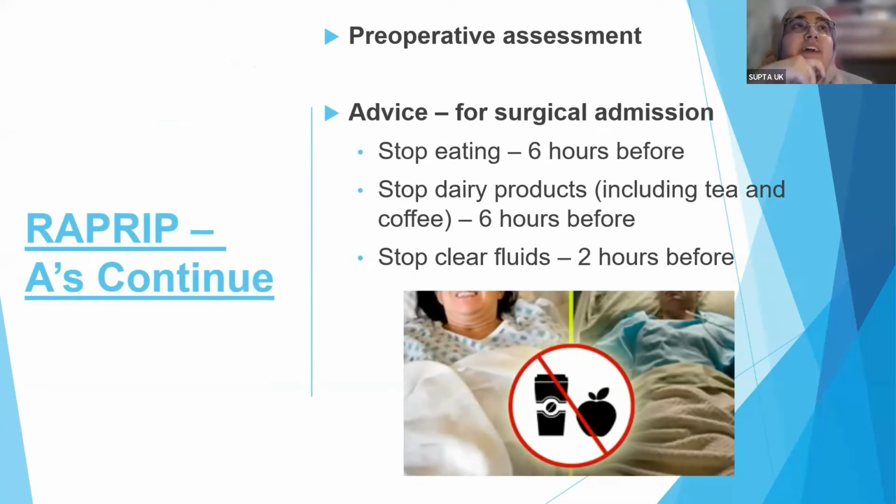So basically, by fasting, you're ensuring that the stomach is empty, and it reduces the risk of aspiration, essentially, which, like I said, is a complication that anaesthetists want to preempt. If a patient does, for whatever reason, eat in that fasting period, they will be delayed, if not rearranged, particularly if it's an elective surgery. So it's in the patient's best interest to follow the fasting guidelines.